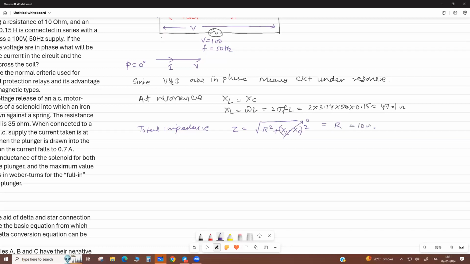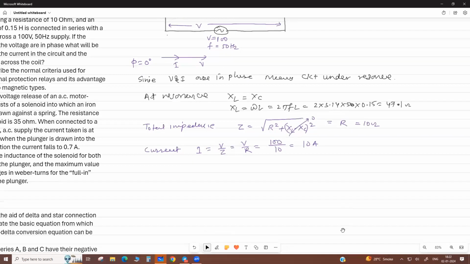So it is 10 ohm impedance. Therefore current I equals V by Z. It is V by R only, means 100 by 10. It is 10 ampere. Current which is flowing through the circuit is 10 ampere.